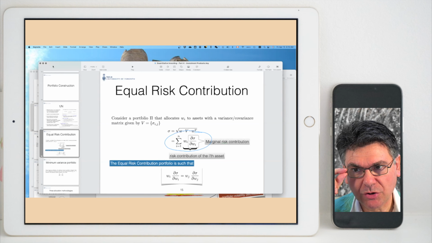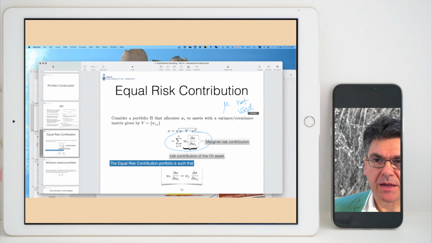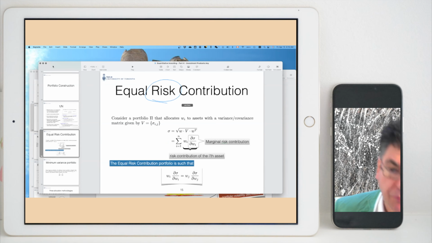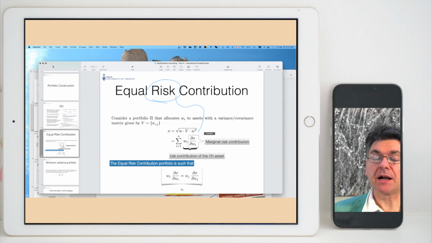Note one thing: the average return is not used, because they don't believe in it. But sigma is used. They believe in sigma. So this is an allocation based on the concept of risk. Only risk, no return. So we want to allocate in such a way that the risk numbers are the same by asset.